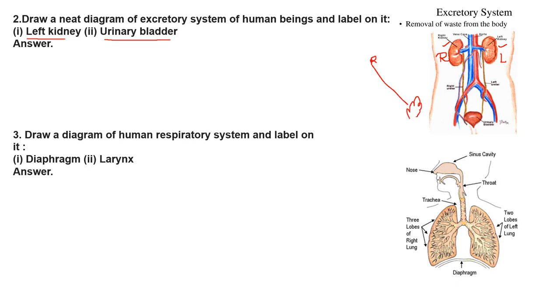Here, because when we keep it in front of us, we will find that the right and the left position of the kidney is overlapping the right and the left position of our own kidney, right? Just because it is in front of you, you have to mark it in a corresponding manner, right?